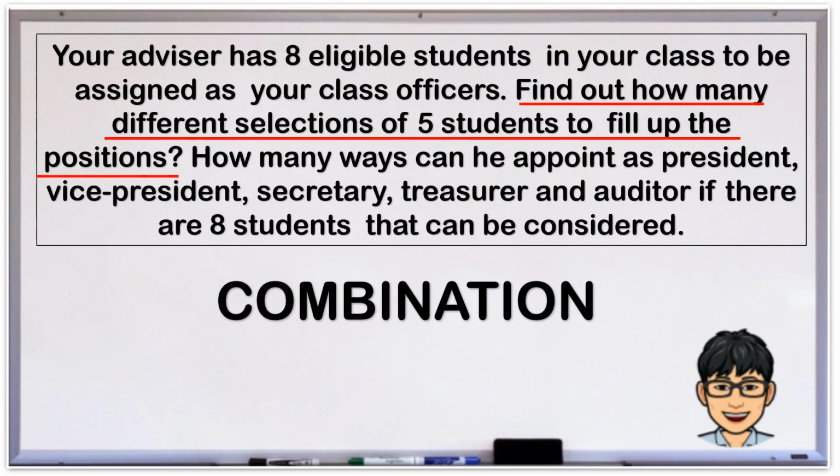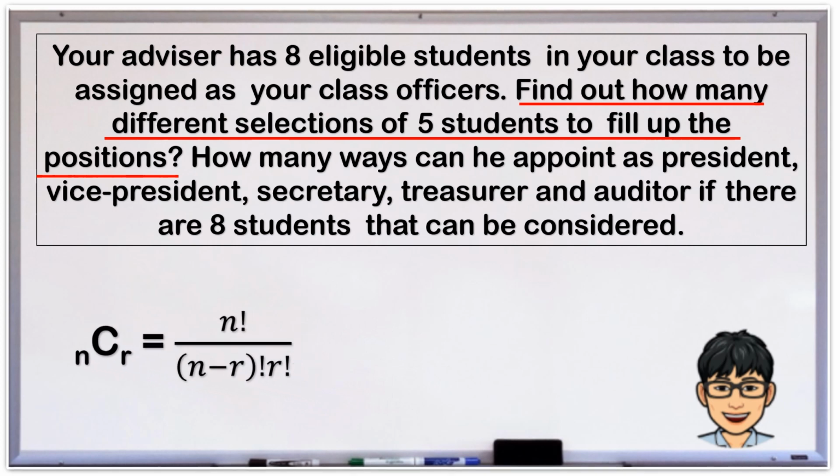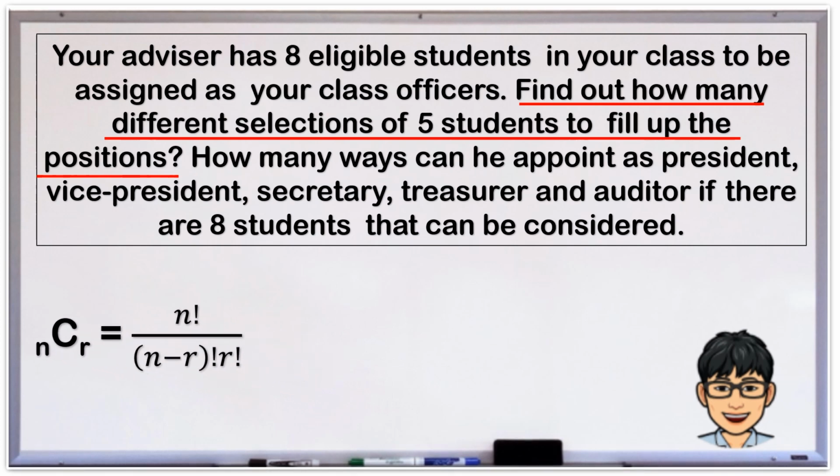Let us now solve the number of possible selections using this formula. N select R is equal to n factorial divided by the quantity of n minus r factorial times r factorial. At dahil meron tayong 8 eligible students, our n is equal to 8.